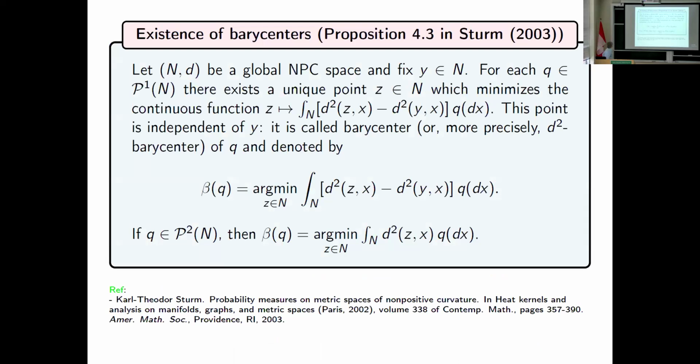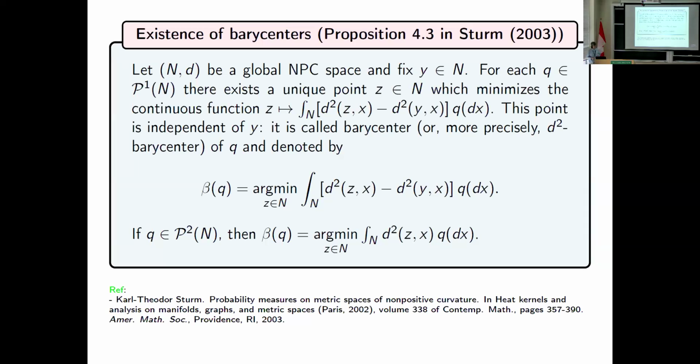Okay, so as I said before, we based our construction of this projection on this work by Sturm. And the main proposition that we used is the following. I'm going to read the statement. We have this ND that is a global non-positive curvature space.